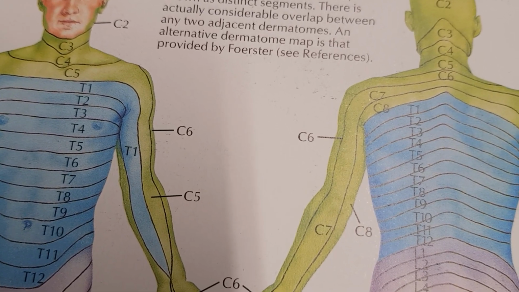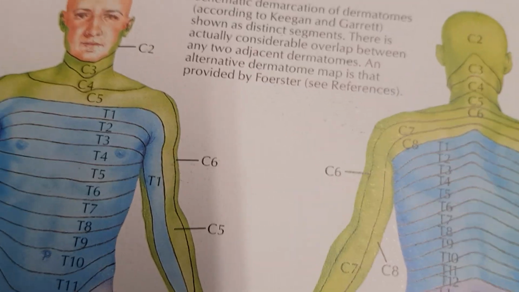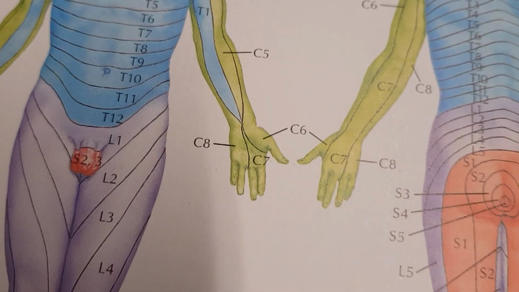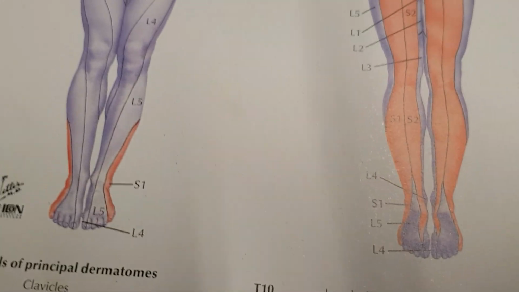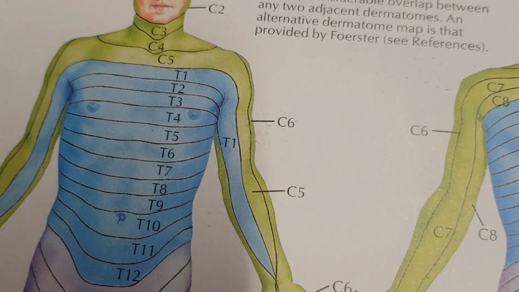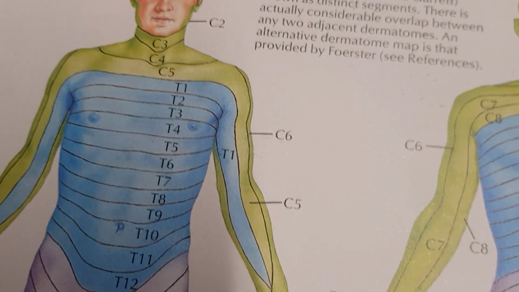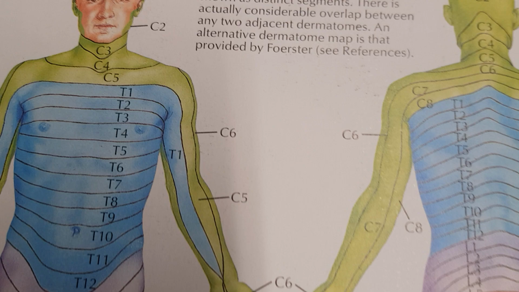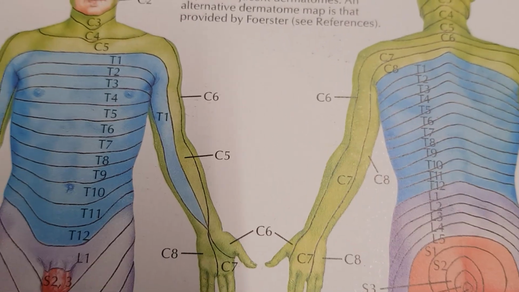You need to test these levels. You need to follow the dermatomes, so that you will know if the injury is complete, incomplete, or is only affecting the posterior part or the anterior part. And you can only determine that if you follow these dermatomes.